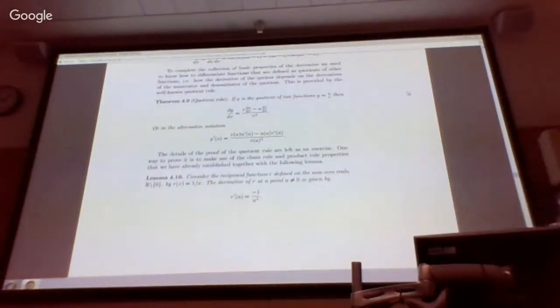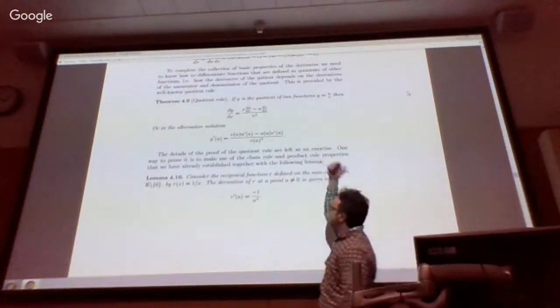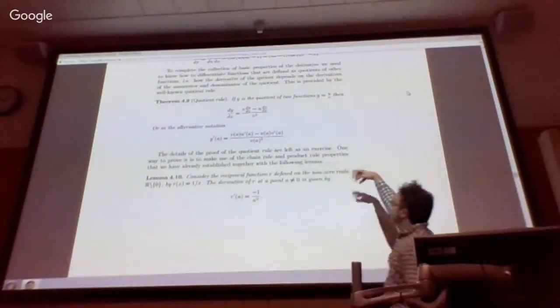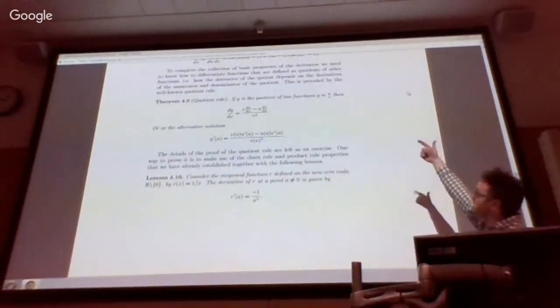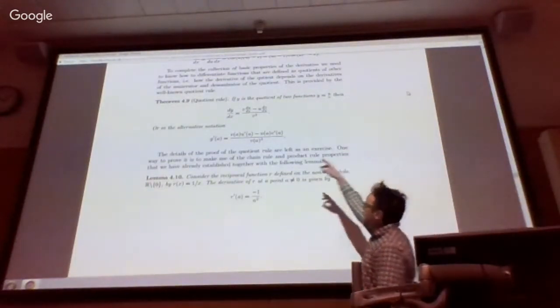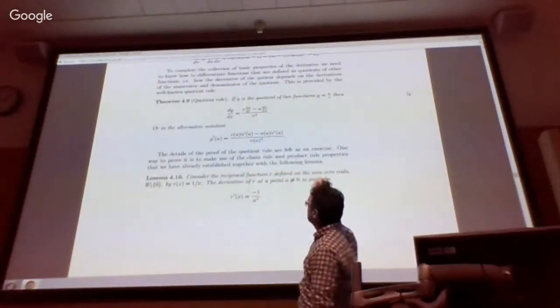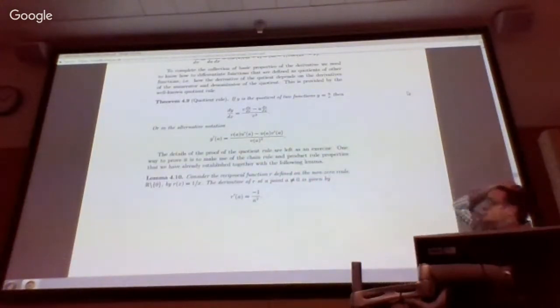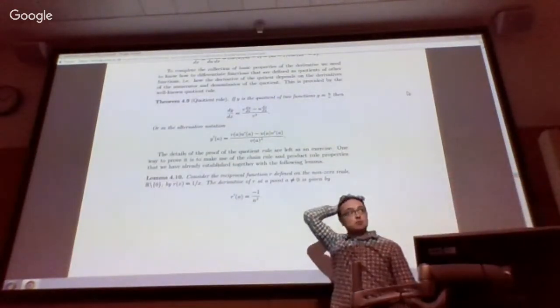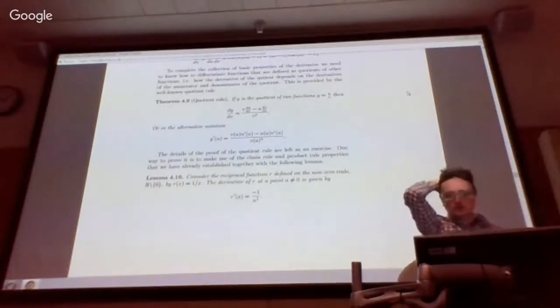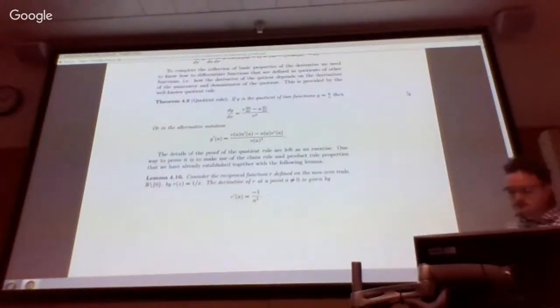The derivative of a quotient is not the quotient of the derivatives. It's this more complicated combination. So here we have a function y, which is a ratio of two functions, u over v. There is a relationship between the derivative of y and the derivatives of its parts, but it's not the simple ratio of them. It's this combination here, which we'll be able to prove as well.